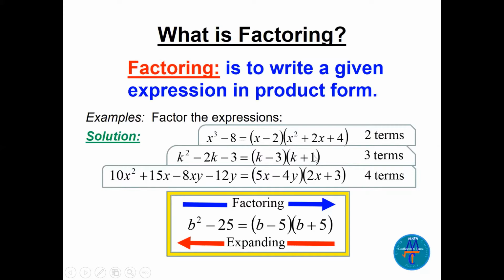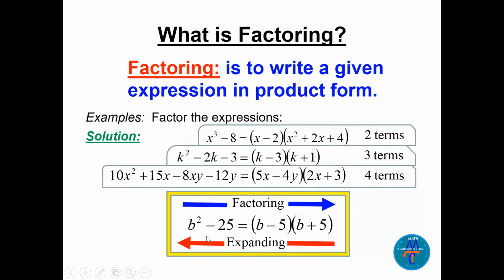See, the important idea here, we cannot leave any term or any number, positive or negative, outside the brackets. All should be inside brackets multiplied by each other in a product form. So factoring, we go this way, b squared minus 25, we factor it like this. If we have this product, we can expand like that.